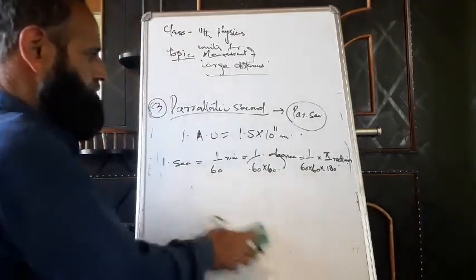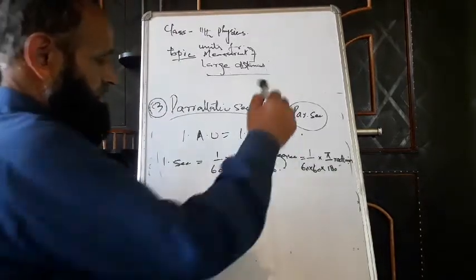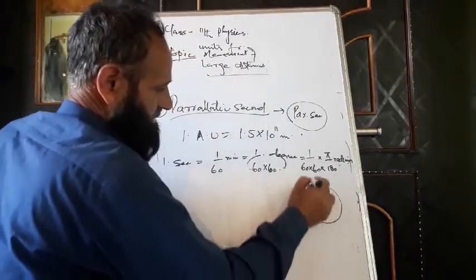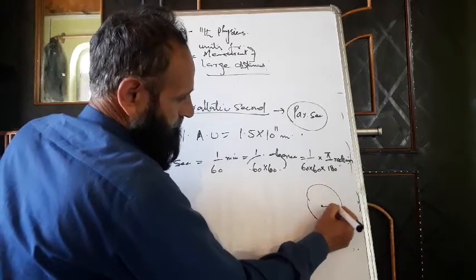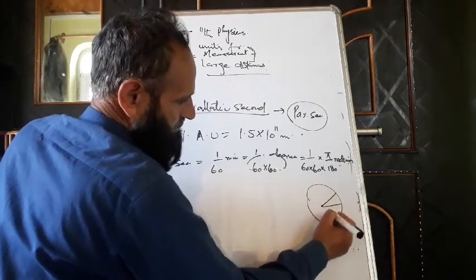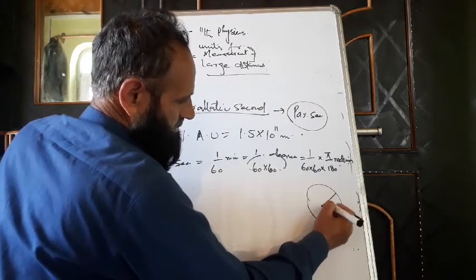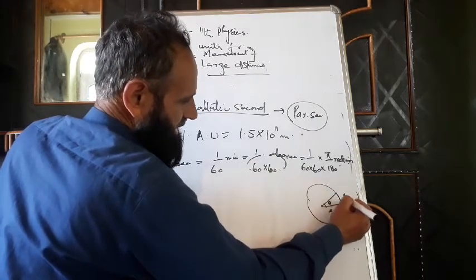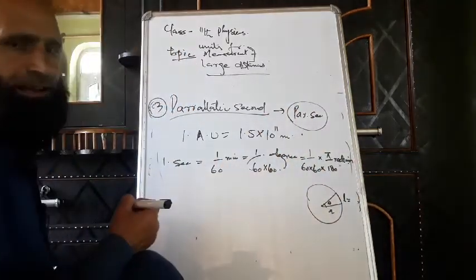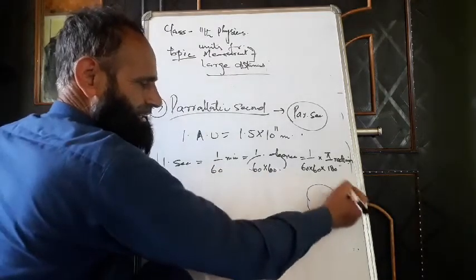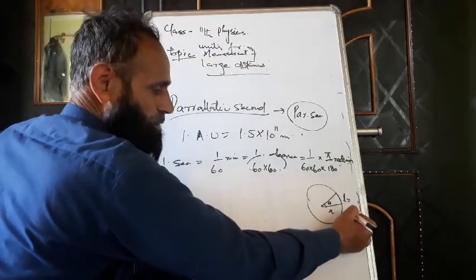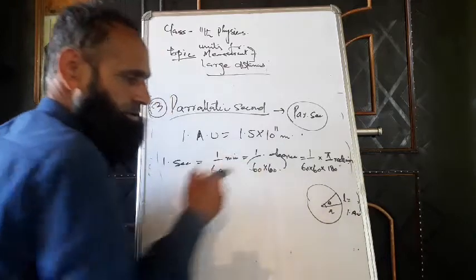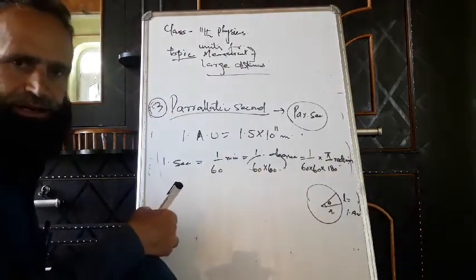Here, this is our r, this is our theta, and this is our astronomical length L. This length L is equal to 1 astronomical unit.